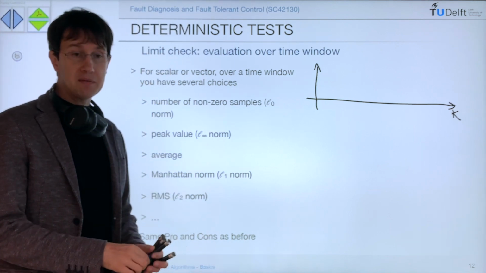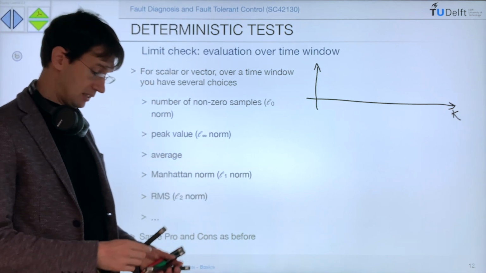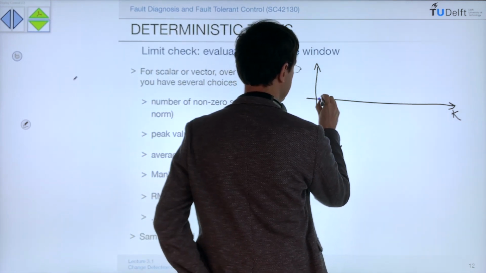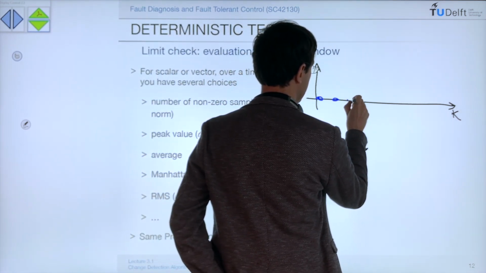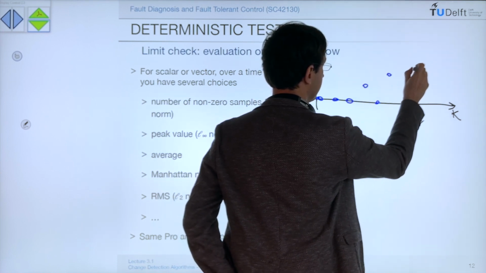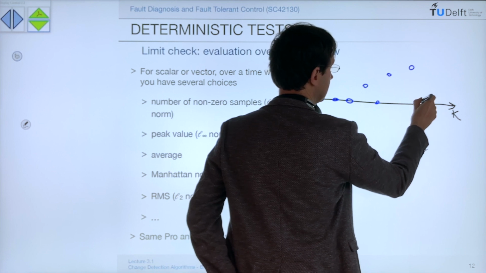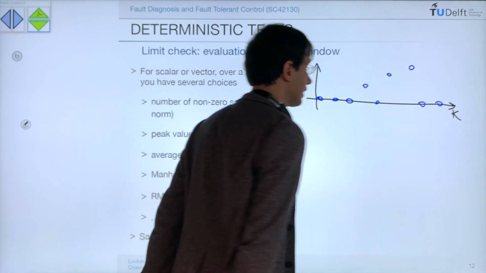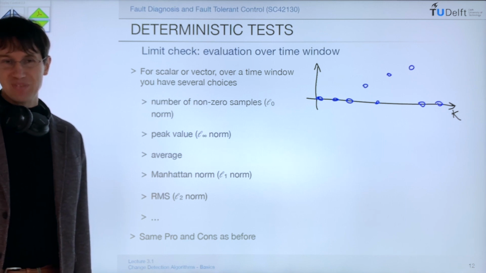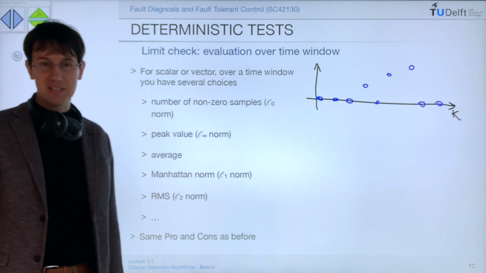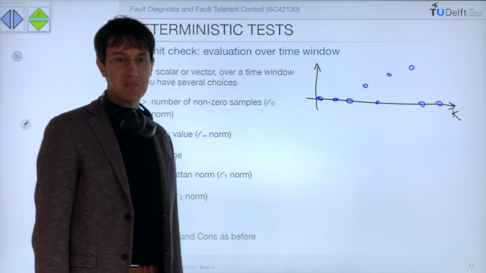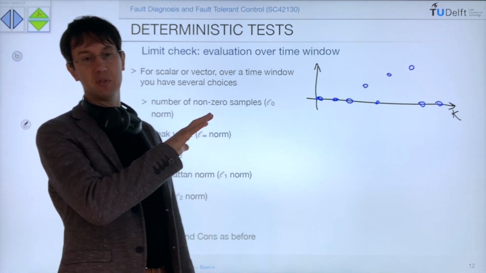If I have a signal that is normally 0, 0, 0, then some value, 0, then some other value, then 0 again, 0 again. Well, one thing that I can do, the simplest, is I take a time window, so a number of samples on a time window that is actually rolling.